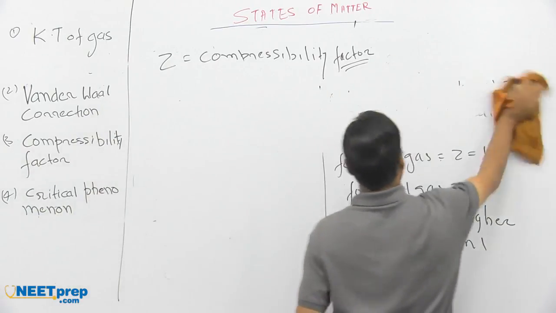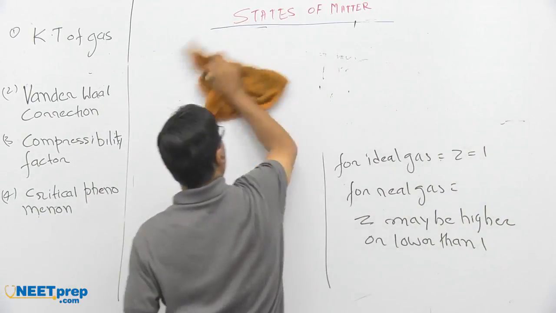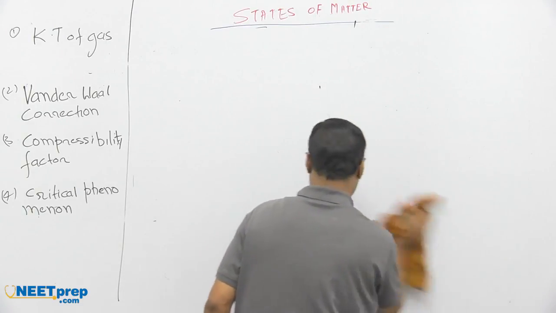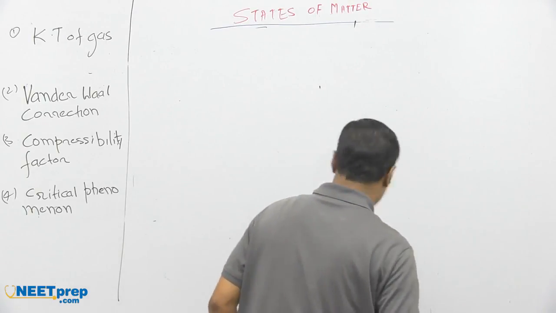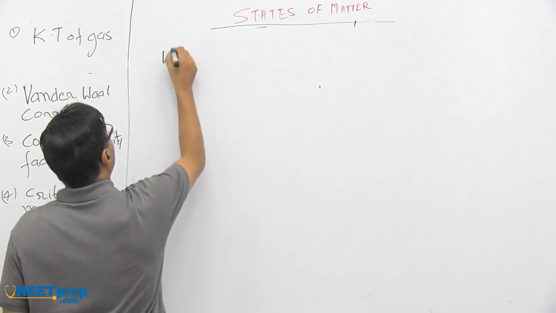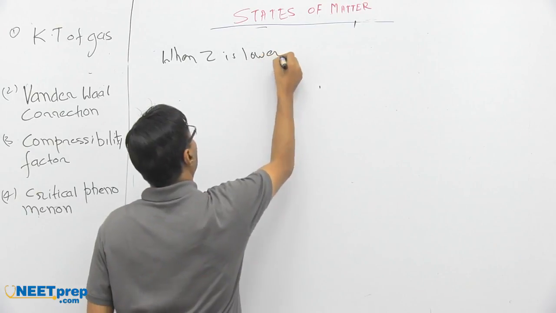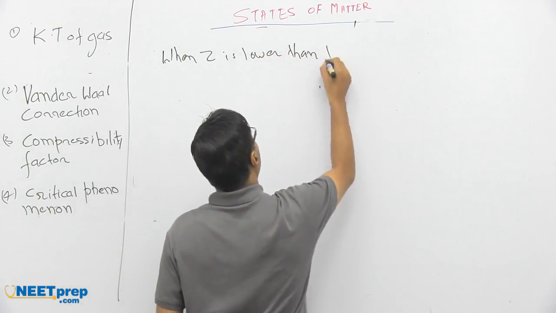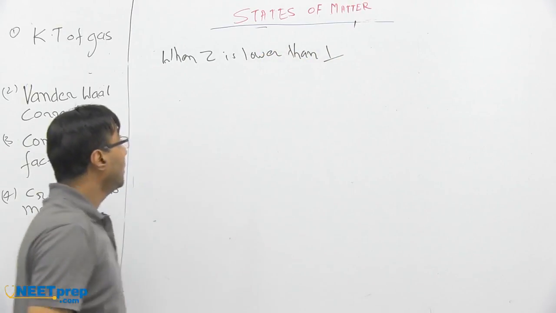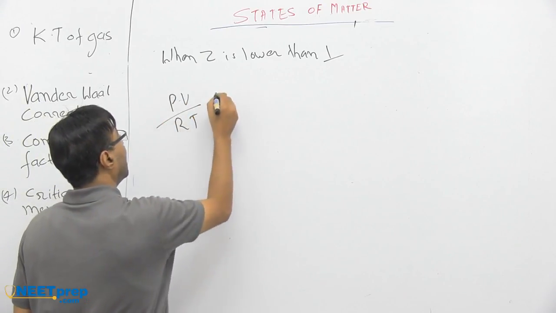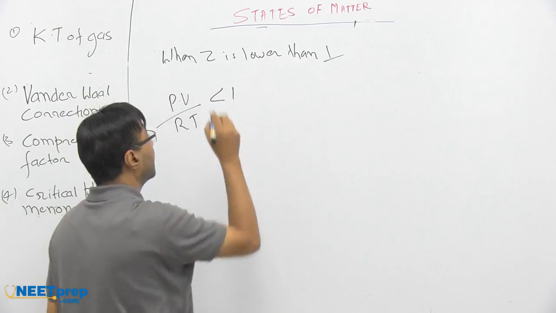Now what will happen if Z is lesser than 1, and what happens if Z is higher than 1? When Z is lower than 1, PV by RT is lesser than 1.